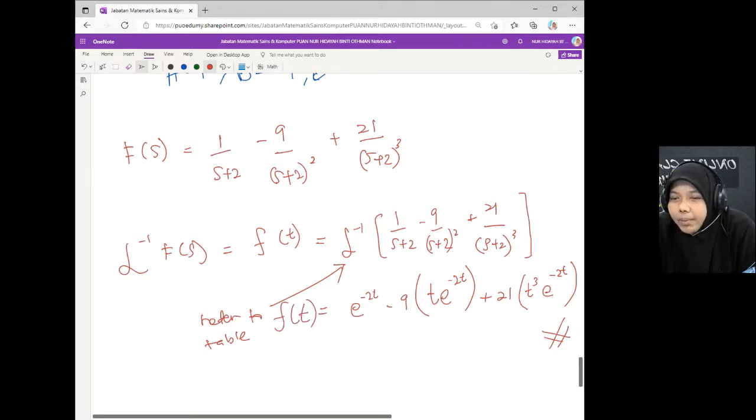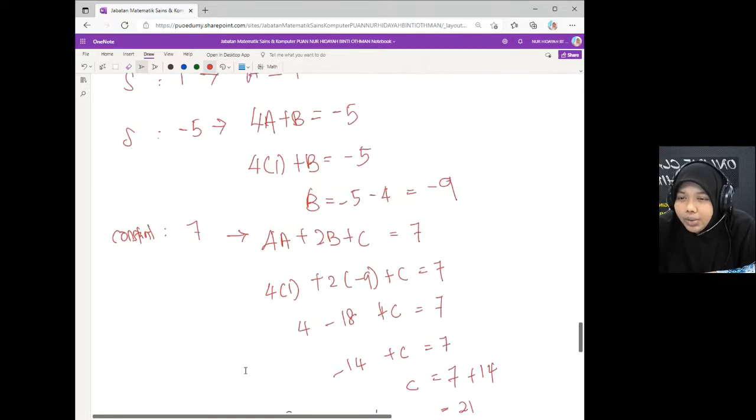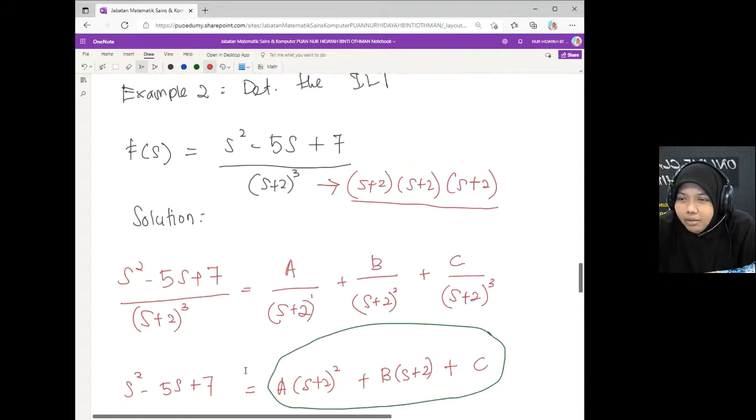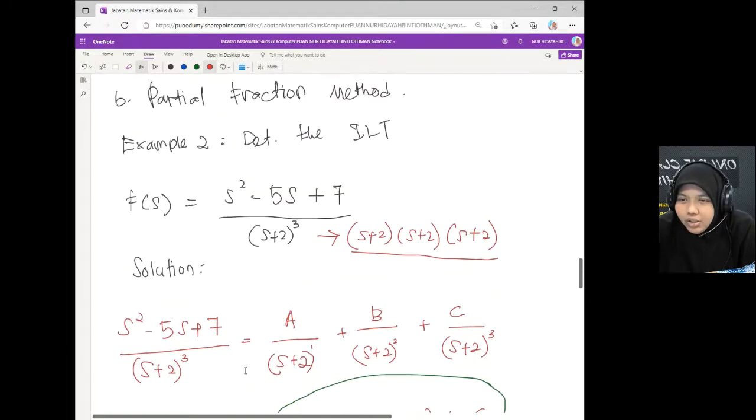Okay. So daripada soalan F(s), bila kita inversekan dia, kita akan dapat F(t). So this is our F(t). So habislah untuk example yang kedua, di mana soalan adalah melibatkan repeated linear function, ya.